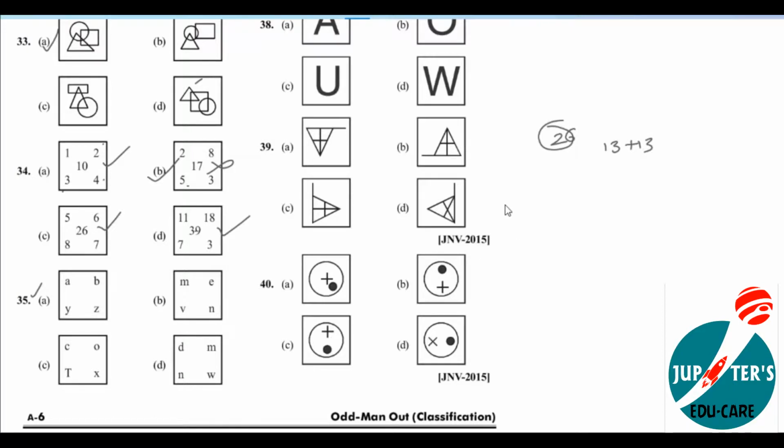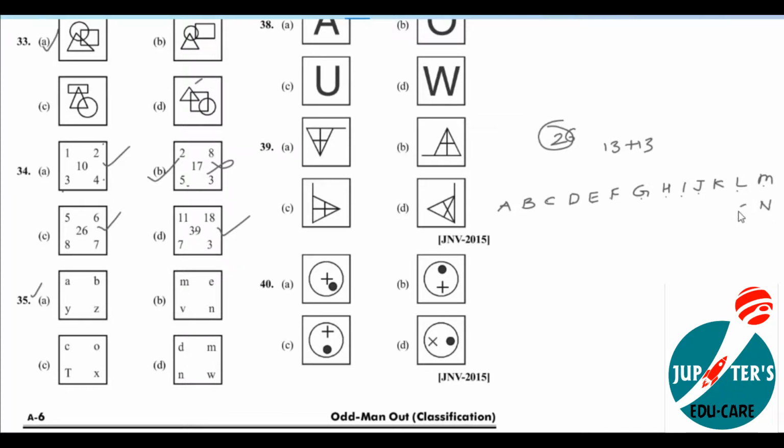See, observe carefully. A, B, C, D, E, F, G, H, I, J, K, L, M. So 1, 2, 3, 4, 5, 6, 7, 8, 9, 10, 11, 12, 13. Up to M, 13 letters are over. Then I will write the remaining letters here in reverse.